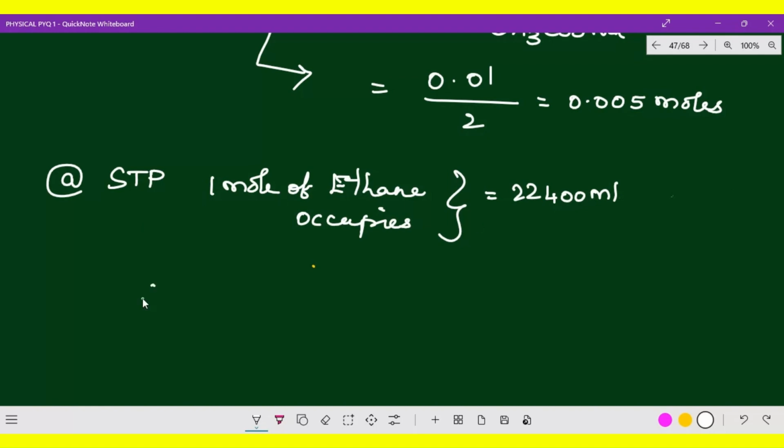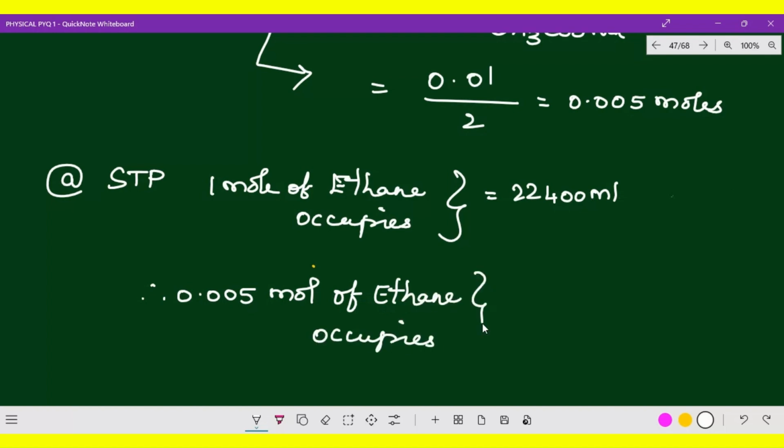Therefore, 0.005 mole of ethane occupies how much? How do we calculate? One mango this much, 10 mangoes how much? In that way only. So 22,400 into 0.005. When you calculate it, you will get 112 ml. So the answer is 112.